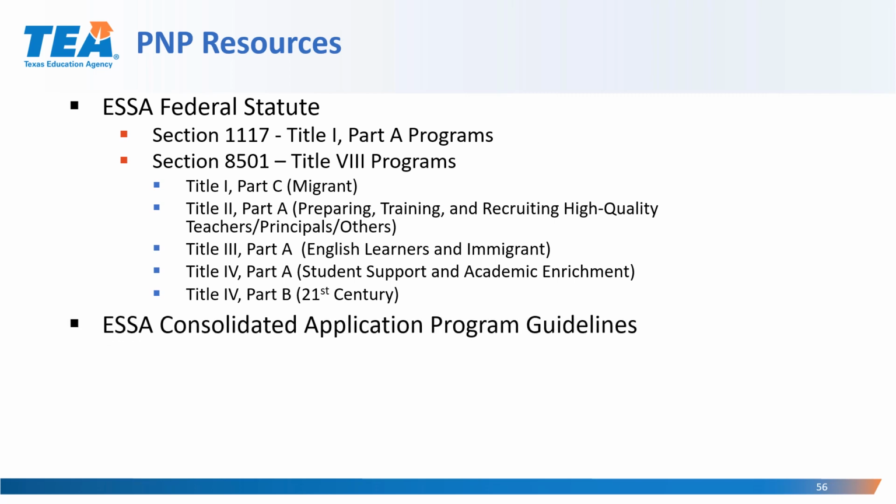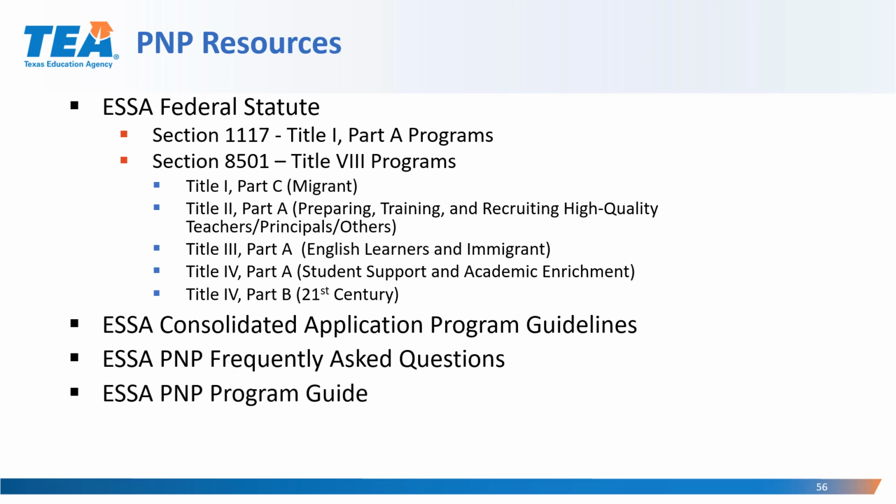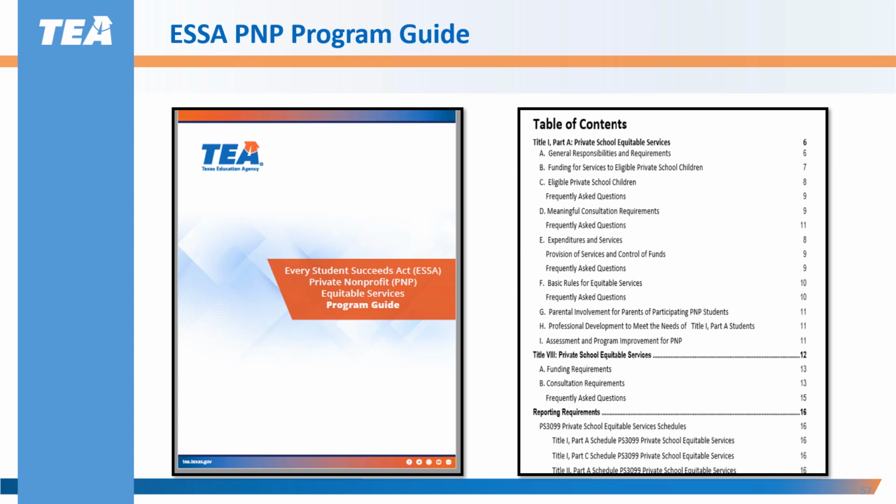You may also review the ESSA Consolidated Application Program Guidelines, because it lists equitable service requirements under each title program. LEAs and private school officials may find the latest ESSA PNP program guide on our webpage. It provides information regarding Title I Part A and all of the programs under Title VIII for private school equitable services.